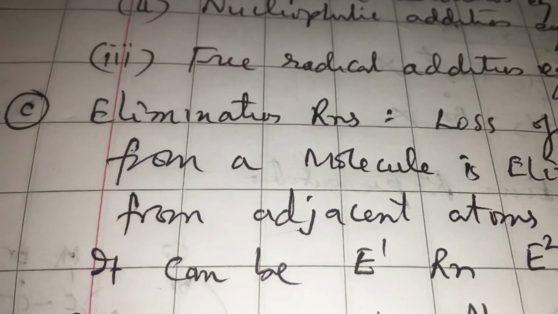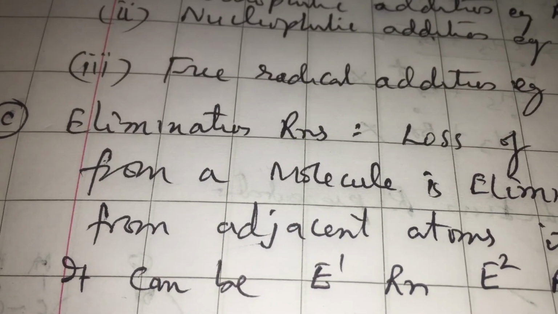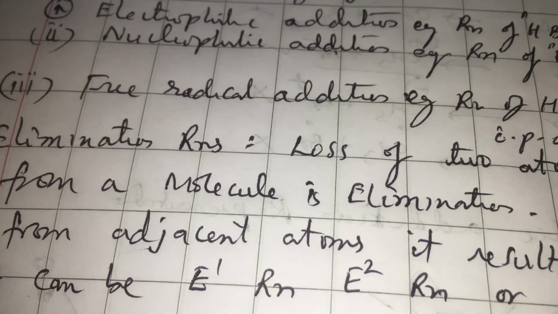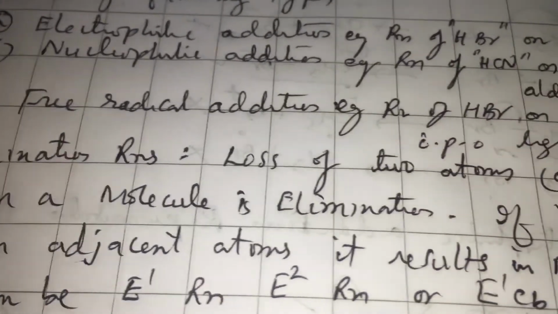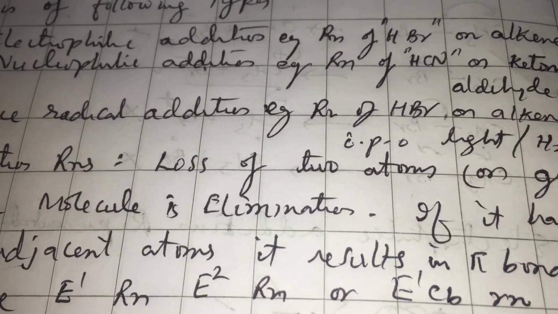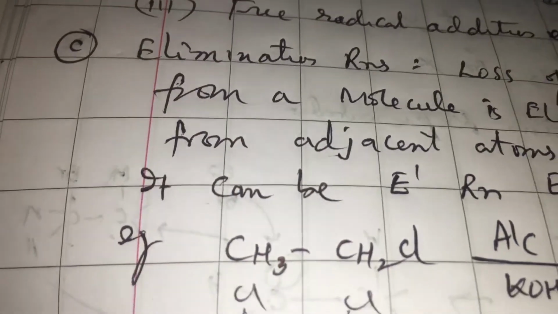Again, this elimination reaction can be E1 reaction where the speed is dependent on concentration of only substrate. It can be E2 reaction where the speed of the reaction depends on both substrate and reagent, or it can be E1cB, conjugate base. The details of this perhaps you study in 12th class.